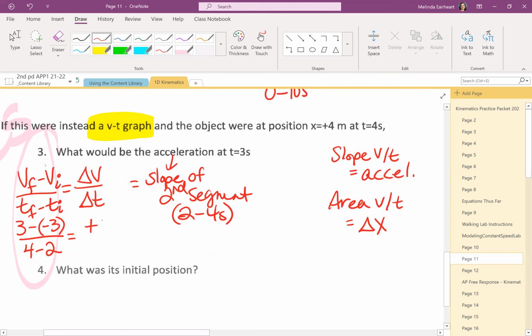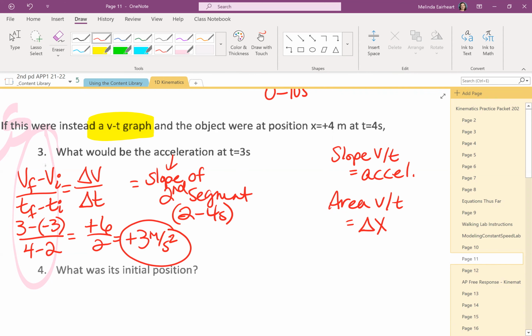And so we get a positive 6 over 2, or a positive 3 meters per second. And the unit for acceleration? Squared. Or if you look, if I included units in my calculation, meters per second is acceptable, okay?